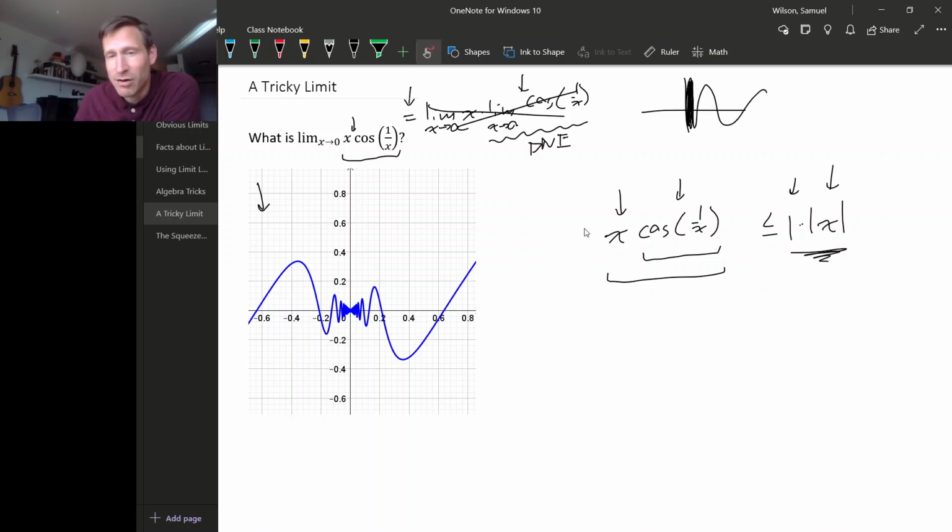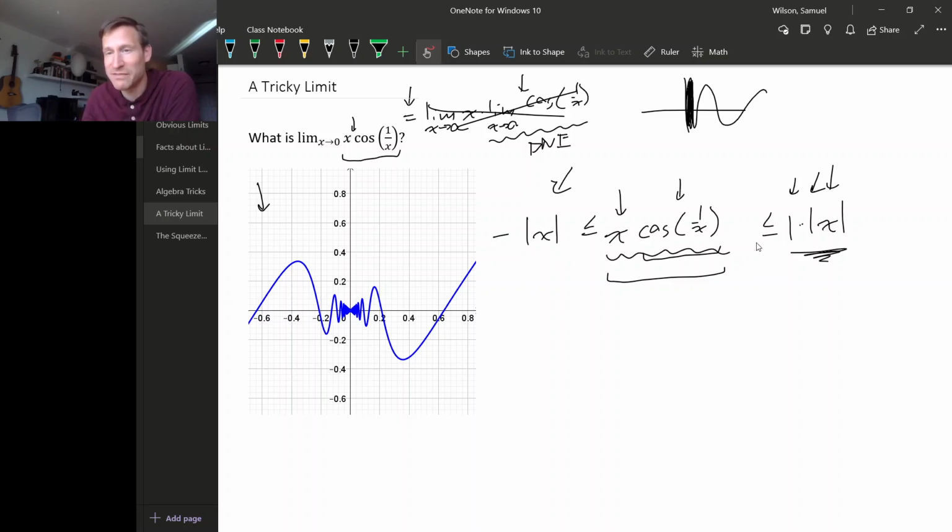But we can do the same thing on the other side. So x is never smaller than the negative of its absolute value, and cosine is never smaller than minus 1. So this product is never smaller than the negative of the absolute value. All right, so our function, x cosine 1 over x, is stuck between these two functions, right?